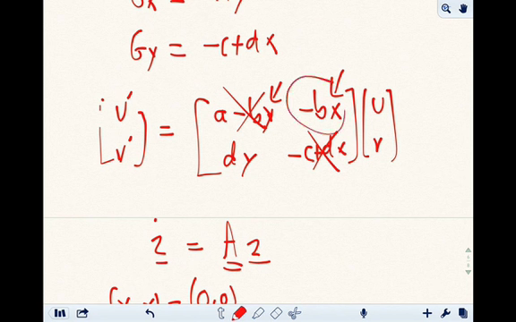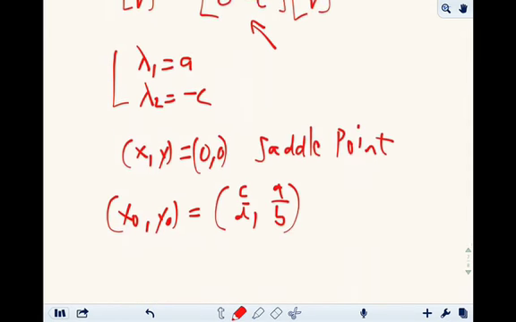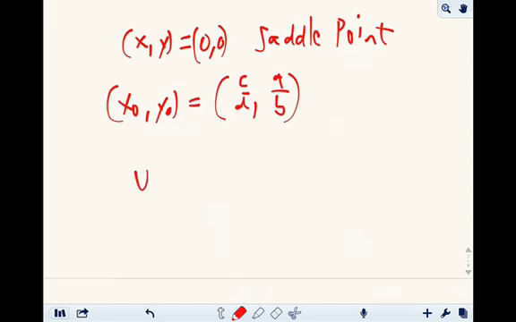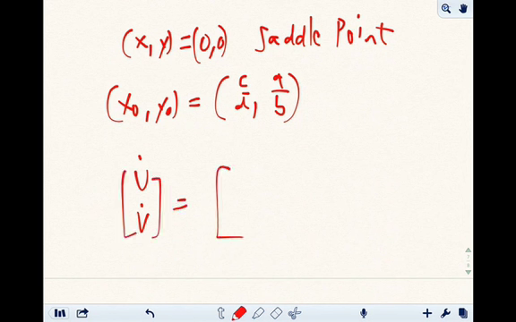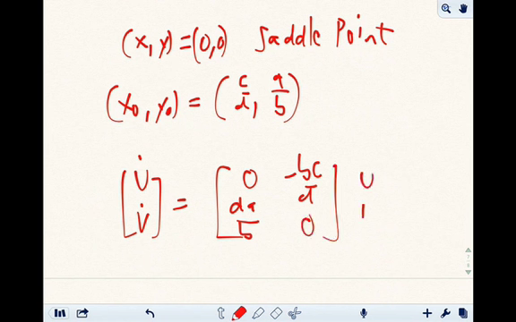This ends up being negative bc over d, and with y equals a over b, this is da over b. And our system looks like this, u dot, v dot, a new system of linear equations because we're at a different critical point: 0, negative bc over d, da over b, 0, times u, v.